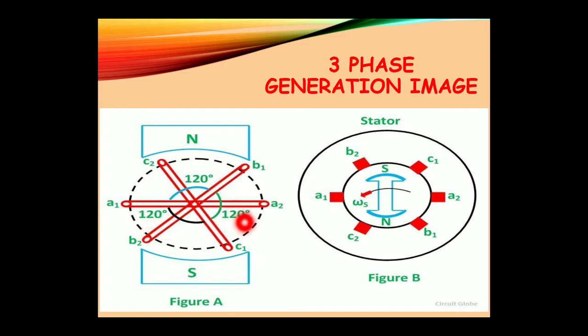This is A1 A2, B1 B2 and C1 C2. These three are three conductors. The angle between the three conductors is 120 degrees, so the total is 360 degrees, okay. And these are identical coils, so the voltage induced in each coil is also the same. This is known as the phase voltage.